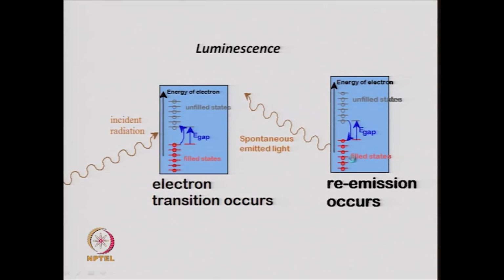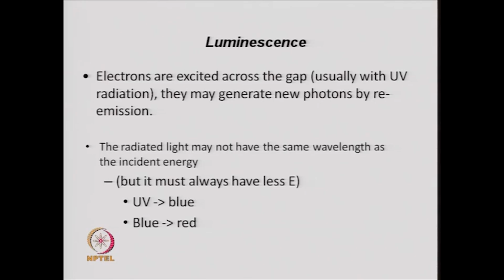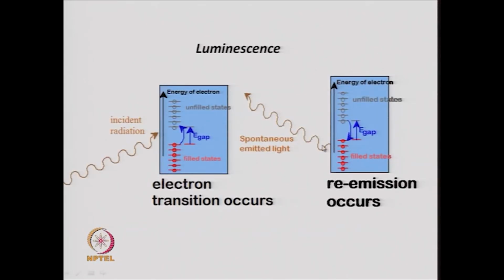So, what is then luminescence? Luminescence normally is when electrons which are excited take up some amount of energy, but the electrons which come back to the lower energy level may generate a different energy, new photons by re-emission, that is due to fluorescence or phosphorescence. So, in luminescence, the energy which is coming out may or may not be equal to the energy being absorbed.